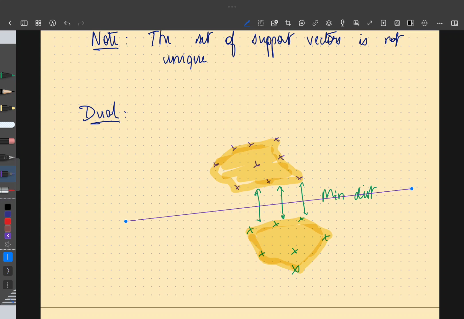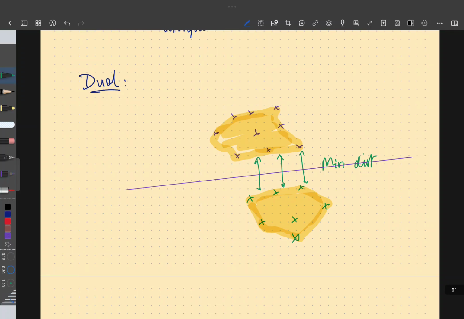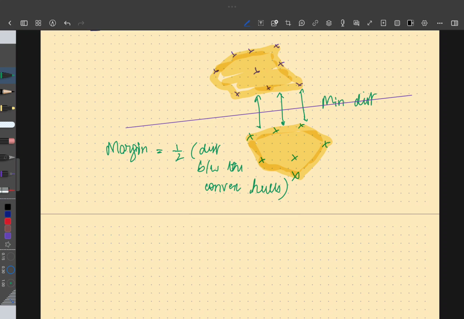And the margin happens to be half of the minimum distance between these two convex sets. Questions?